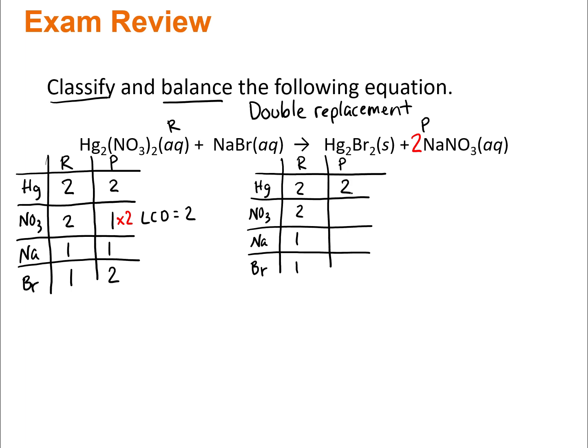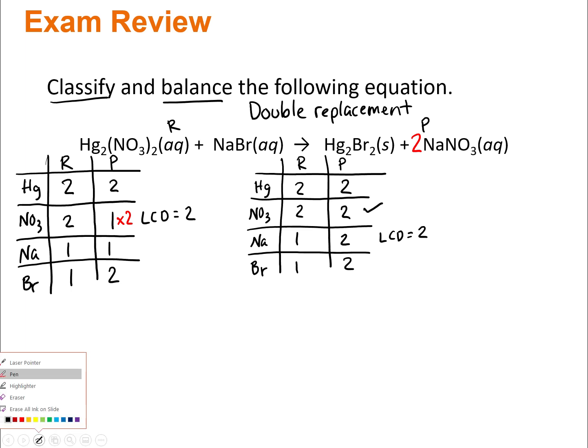On the product side, the mercury is the same, so is the bromine, but we've changed both the sodium and the nitrates. The nitrates are balanced, but now the sodium is unbalanced. So let's deal with that. Again, the lowest common denominator is 2. But this time we're going to multiply by 2 on the reactant side, and that will even things up. But again, that affects more than just the sodium.